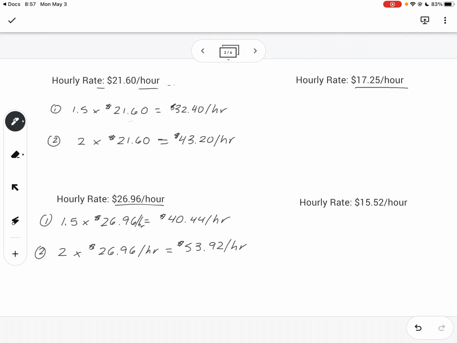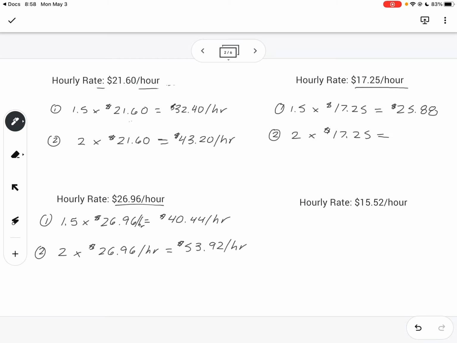Okay, next one over here, $17.25 an hour. For our time and a half rate, we've got 1.5 times 17.25. And then for our double time rate, we've got 2 times 17.25. So 1.5 times 17.25 is $25.88.